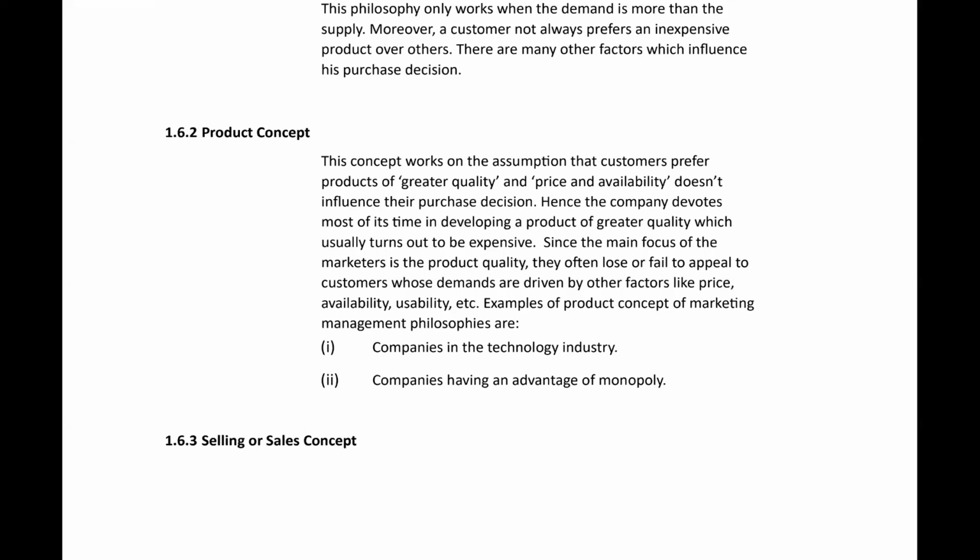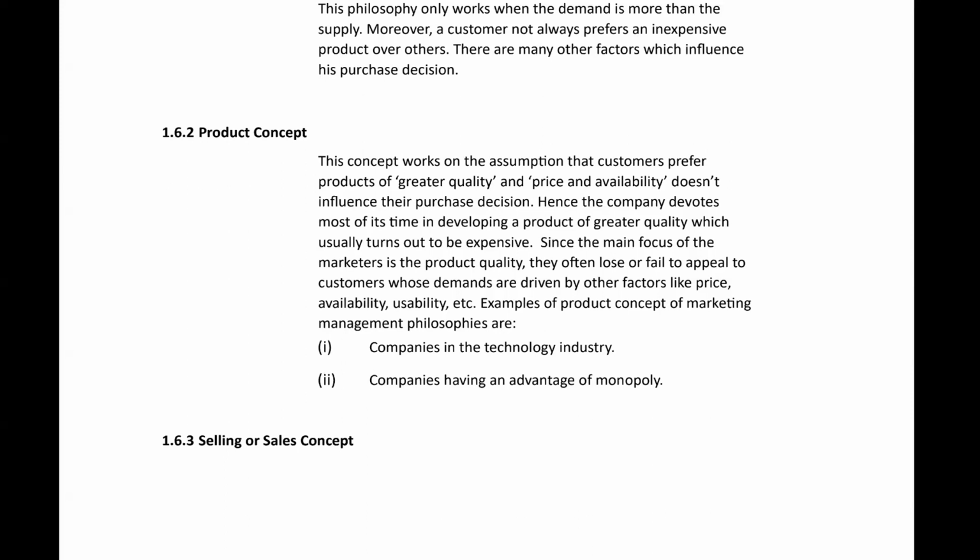So when you are producing the product, you should not remove your eyes from quality, according to the product concept. You should also make sure that the product you're producing, apart from being available, is also of high quality, and quality is never compromised, right?